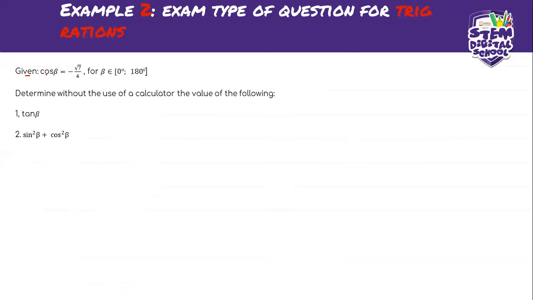Given cos beta equals negative square root of 7 over 4, for beta an element of 0 degrees to 180. Determine without the use of a calculator the value of the following: tan beta, and sine squared beta plus cos squared beta.